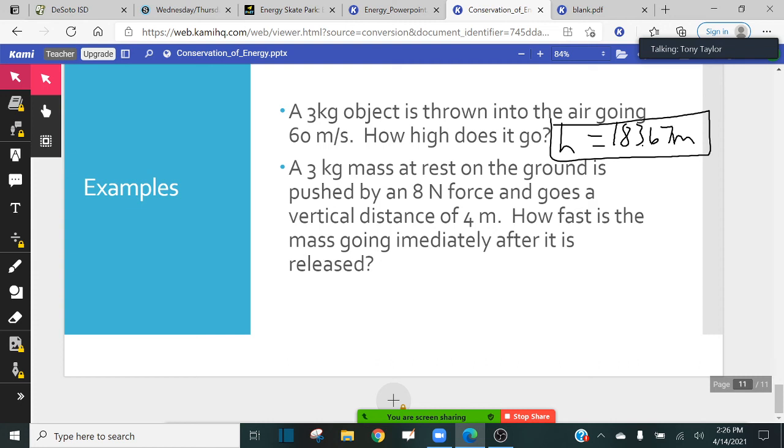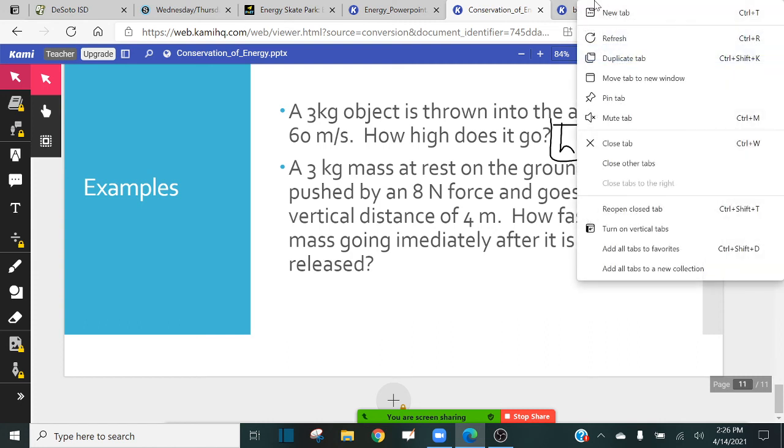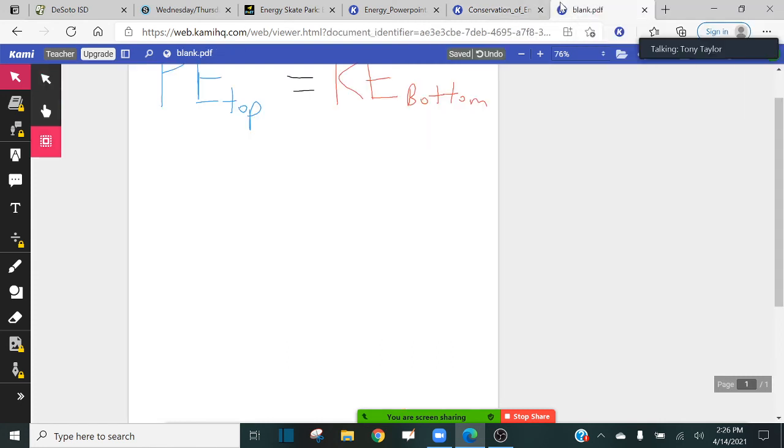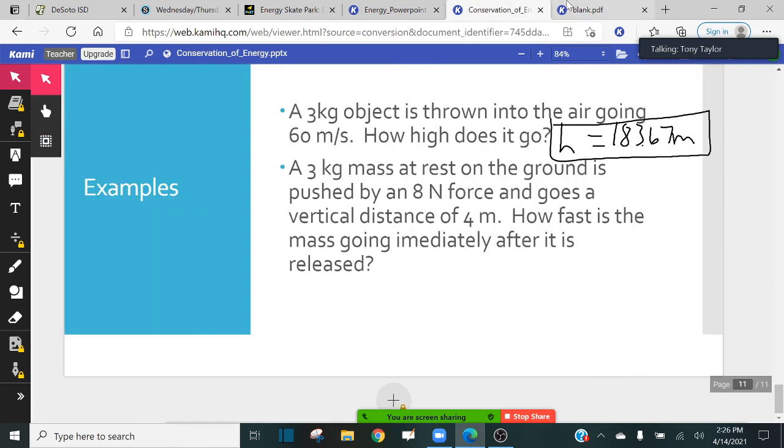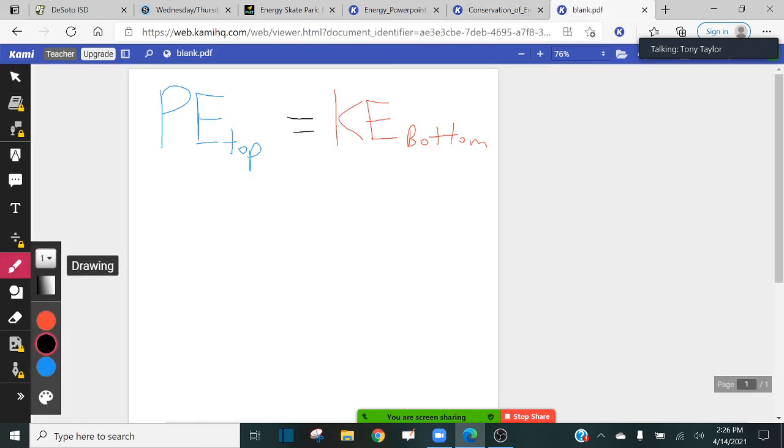So, in other words, guys, when it says how fast, we're solving this equation for velocity. Now, remember what I said. Whatever the object's kinetic energy is at the bottom has to be numerically equal to its potential energy at the top. So the object goes a total distance of 4 meters.